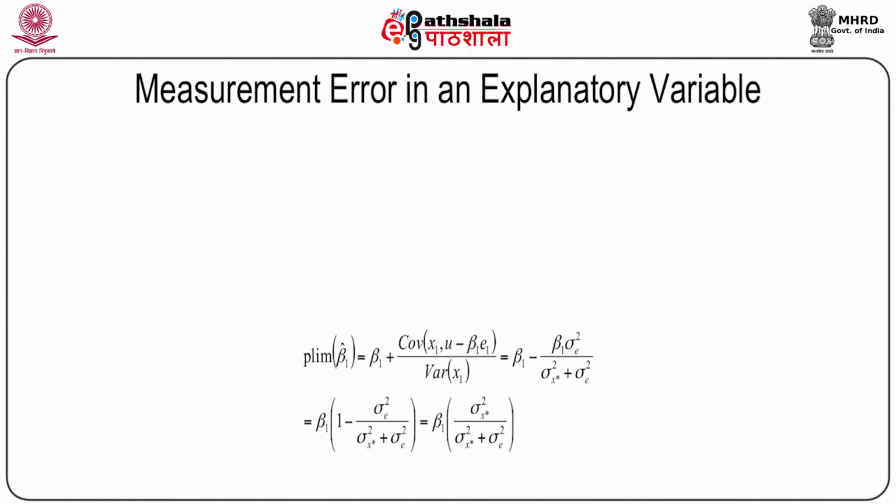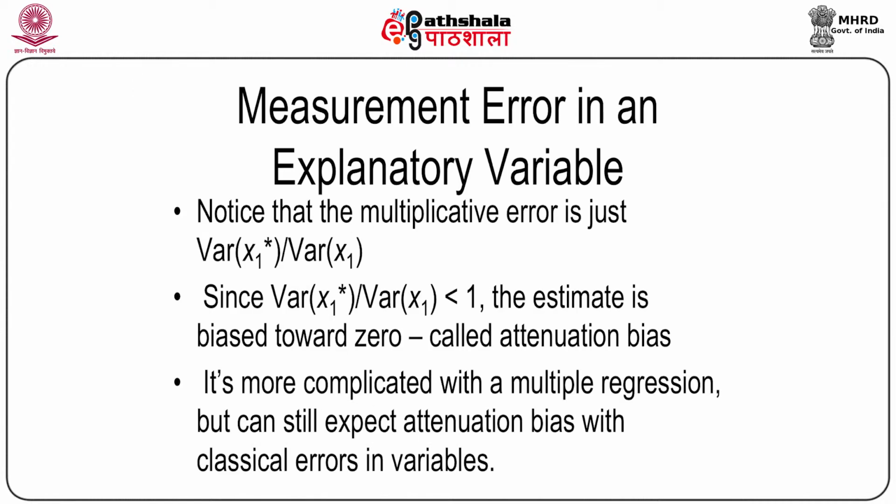And if we take the plim of beta 1 hat, it will be equal to the true value beta 1 plus the covariance between x1 and u minus beta 1 e1 divided by the variance of x1. So this is equal to beta 1 minus beta 1 sigma e squared divided by sigma x star squared plus sigma e squared. Now notice that the multiplicative error is just the variance of x1 star divided by the variance of x1.